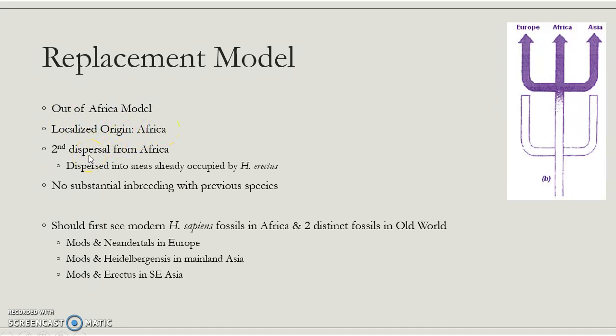And modern humans had a second dispersal out of Africa. The first dispersal was Homo erectus. So Homo erectus went and settled all over the old world. And then in Africa, in this model, modern humans continued to evolve. And then they spread out into the old world. In the replacement model, when modern humans left Africa and went into Europe and the Middle East and Asia, we encountered these earlier hominin and we replaced them.